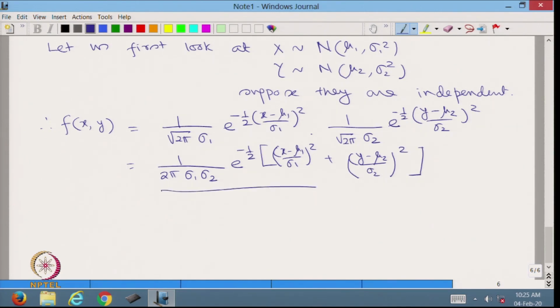So, this is the joint density if x and y are independent.